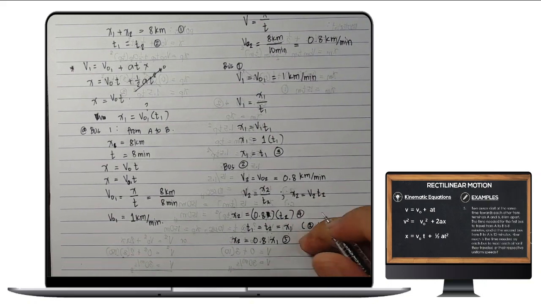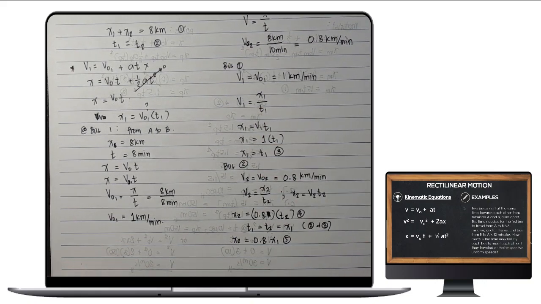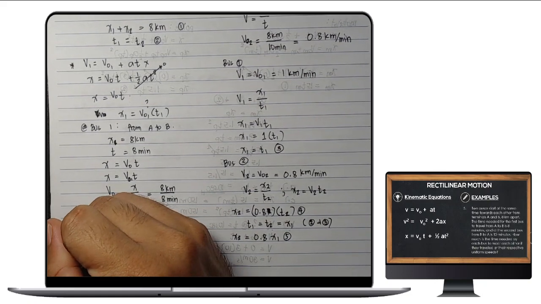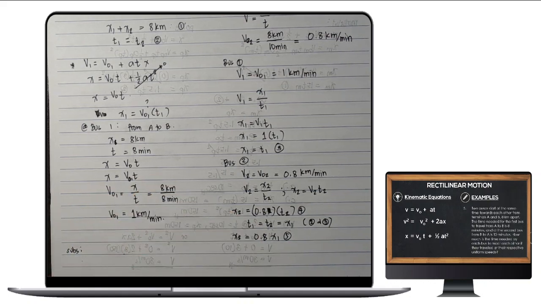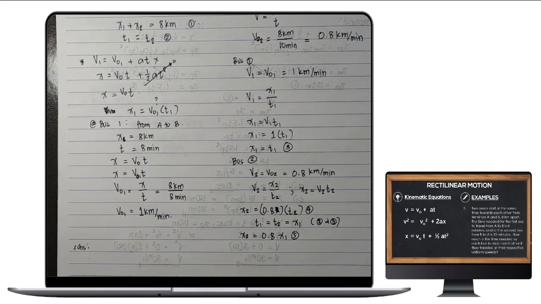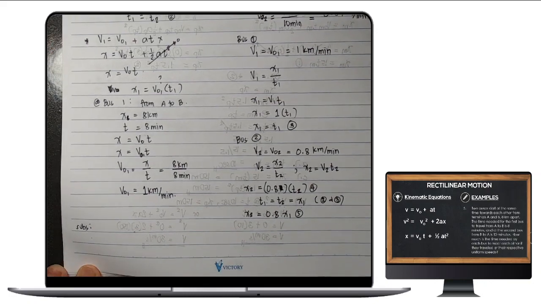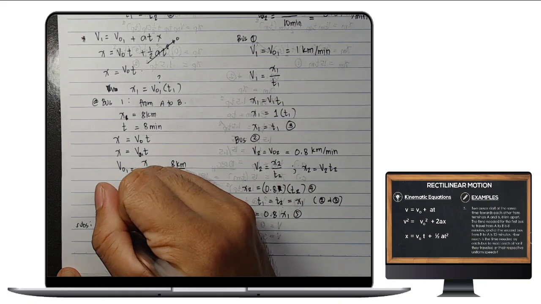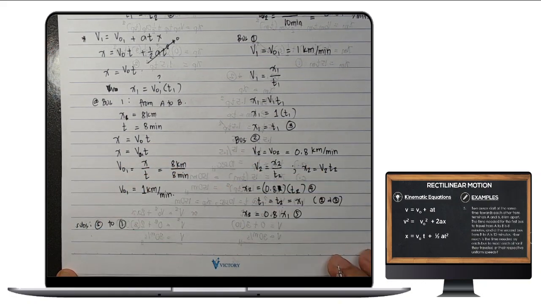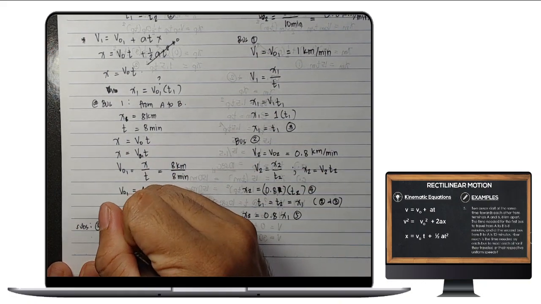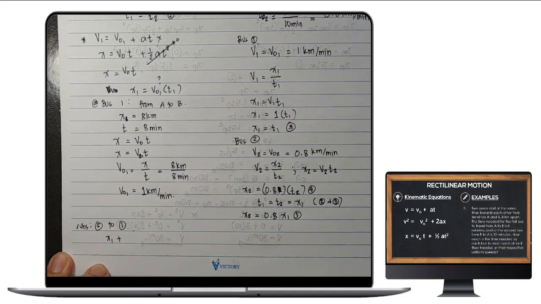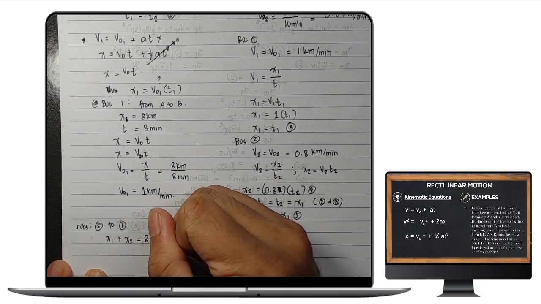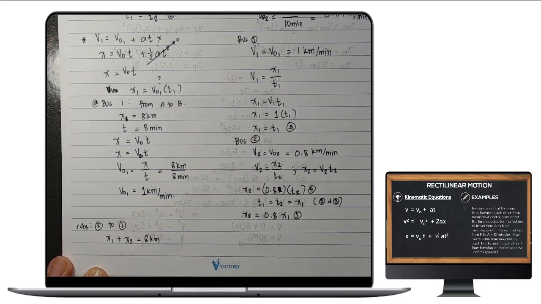Then let's substitute equation 5 to equation 1. So that is x sub 1 plus x sub 2 is equal to 8 kilometers.